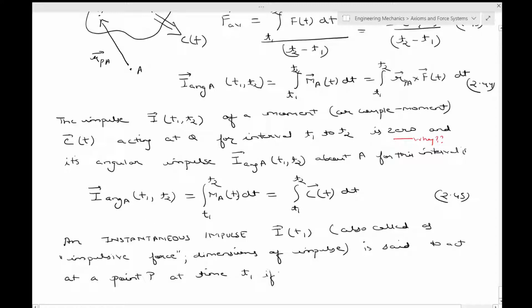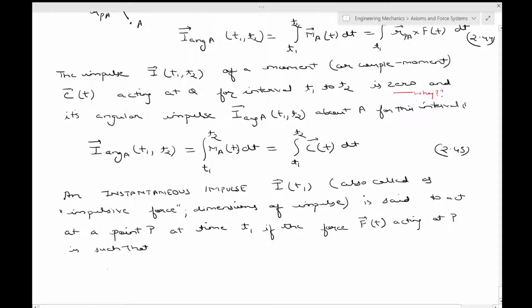It is said to be at time t1 if the force acting at P is such that the limit as t2 tends to t1 of I of t1 t2 is equal to the limit as t2 tends to t1 of the integral from t1 to t2 of F of t dt, and it is not equal to 0.